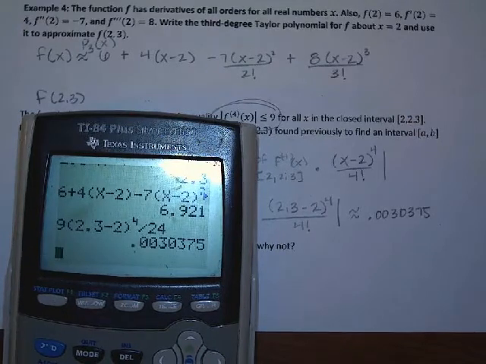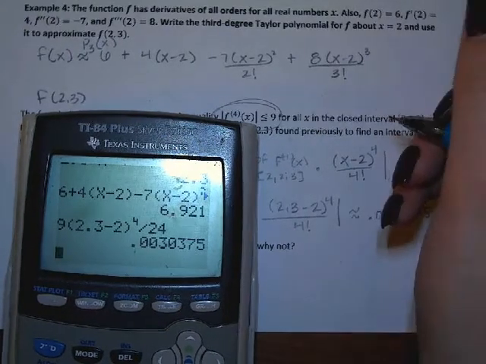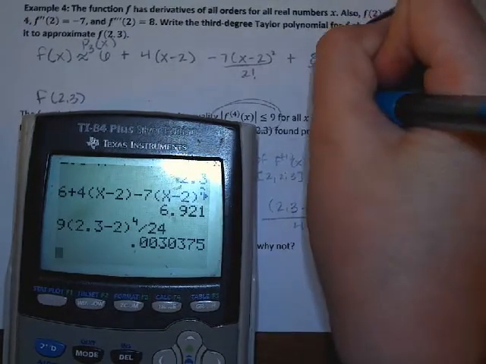What's going on with you? I stored 2 in X, and so I kept getting 6.